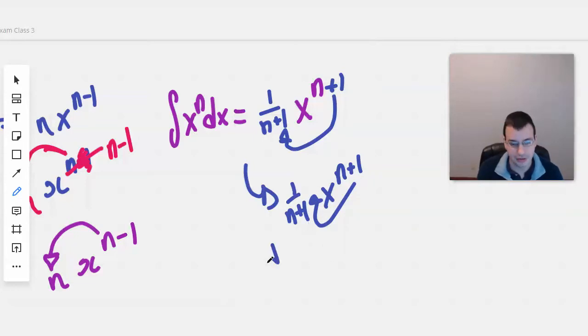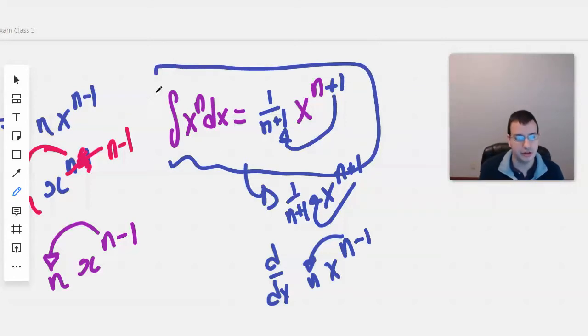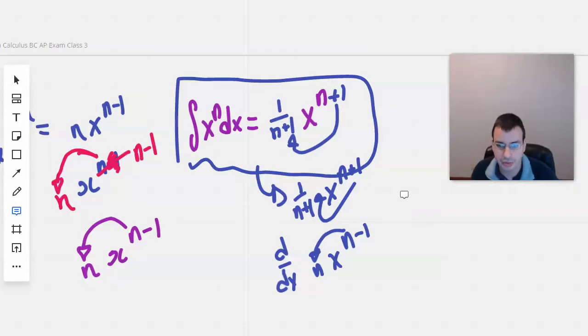Where for the derivative, my mnemonic did, you took your n, first thing you do is you move it down here, and then you subtract 1 off of it.